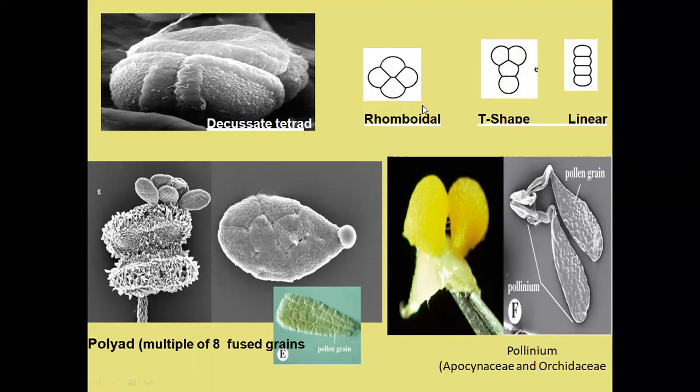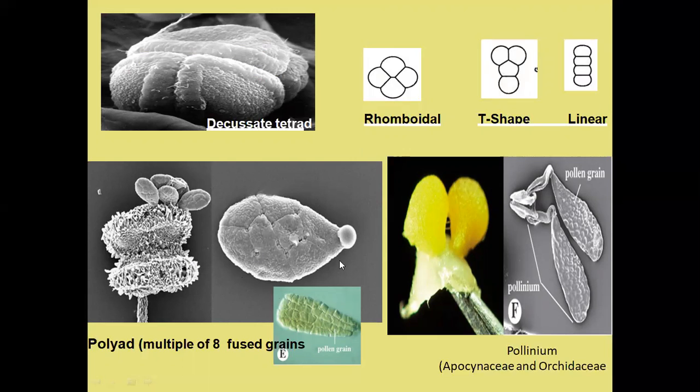Then the rhomboidal type, and the T-shaped: below there are two spores, and above two spores are arranged side by side. It is T-shaped. Another one is linear, commonly observed in plants, where four microspores are arranged in a vertical line.